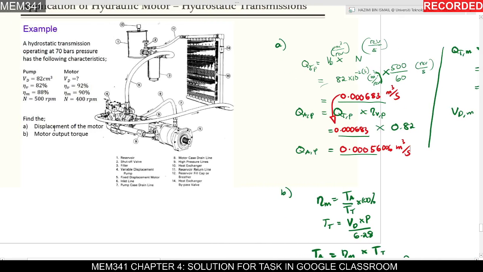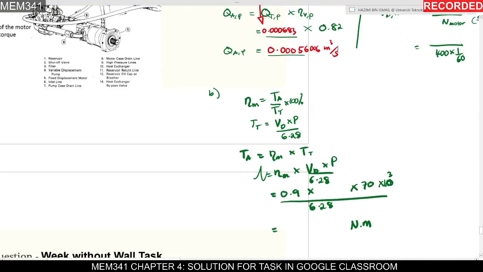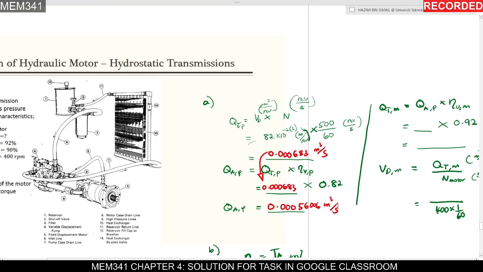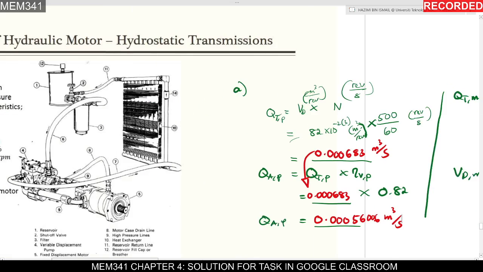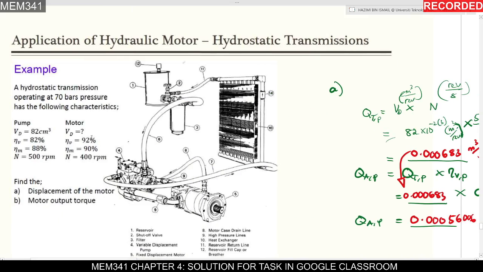The question wants you to find the VD of the motor. By using the same equation here, QT of the motor, M is for the motor, equals QA times the volumetric efficiency of the motor. NVM here is given in the question, 0.92, equal to 92%.